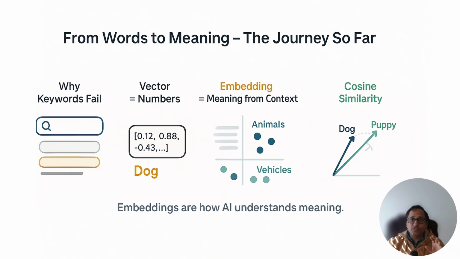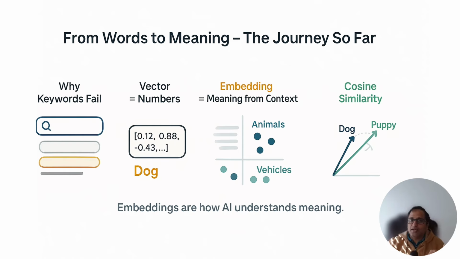Before we move on to actually building an embedding model, let's take a moment to summarize what we learned so far. We started with the problem of keyword search. It matches text but misses the meaning. Then we talked about vectors, a list of numbers that describe things like a song or words. Next came embeddings, special vectors that learn the meaning from how words appear together in real sentences.